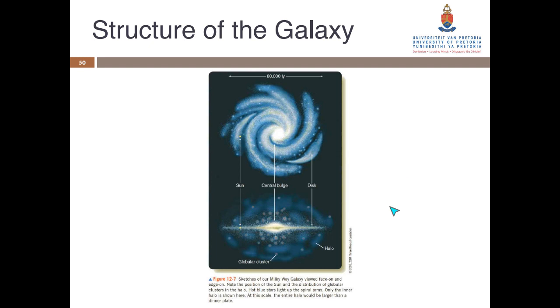So when we look at this image again, it becomes quite apparent where the different structures are: where the central bulge is, where the disk is, where globular clusters lie, and what the halo is.